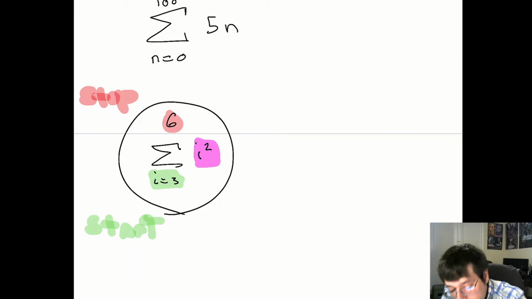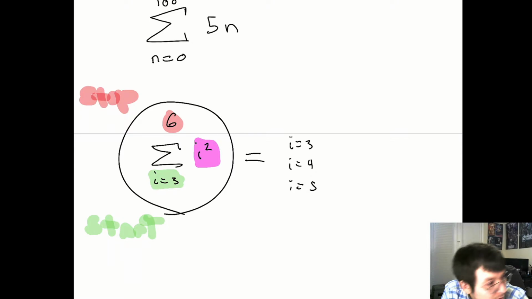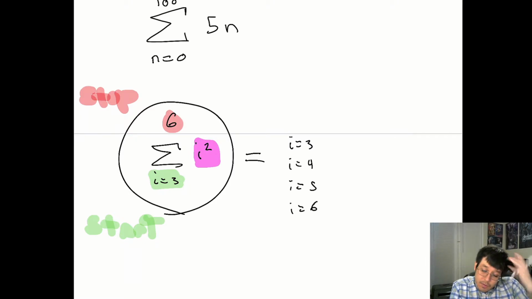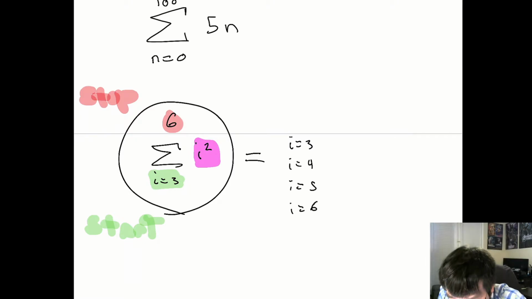So you basically plug it in. You start at 3, so you say 3 for i. So you're going to run this for i equals 3, then i equals 4, i equals 5, and then you include the last term, i equals 6, right? So you basically plug that in there, algebra. So you say 3 squared, 4 squared, 5 squared, and 6 squared.